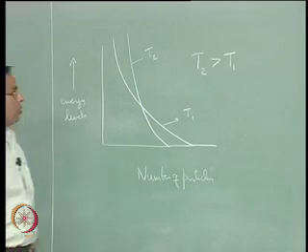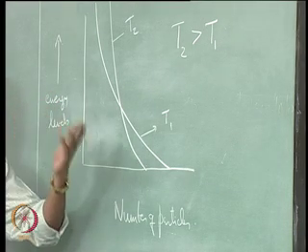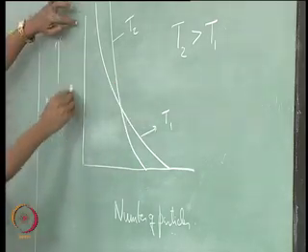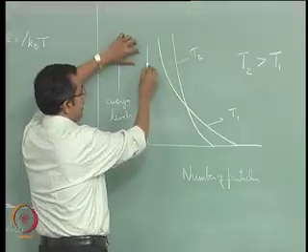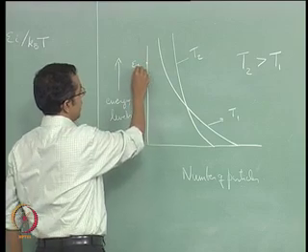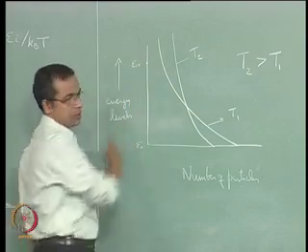So what this basically means is that as the temperature goes up, in this case T2 is greater than T1, the higher energy levels here will have more particles. At any given energy level, let us say I will just arbitrarily say E10, and this is still E0, this is just arbitrarily chosen as E10.